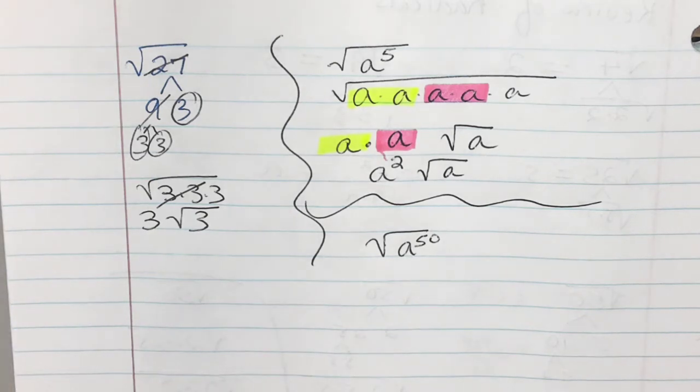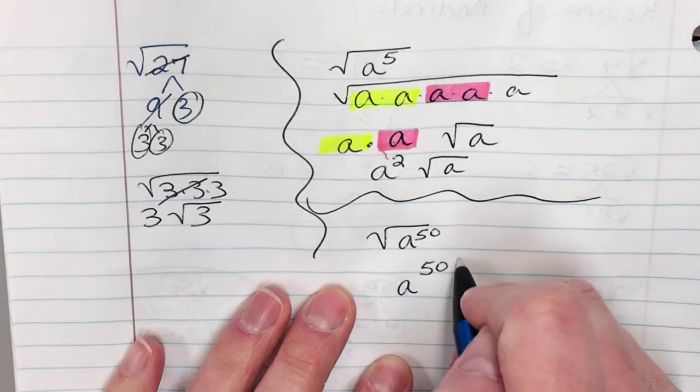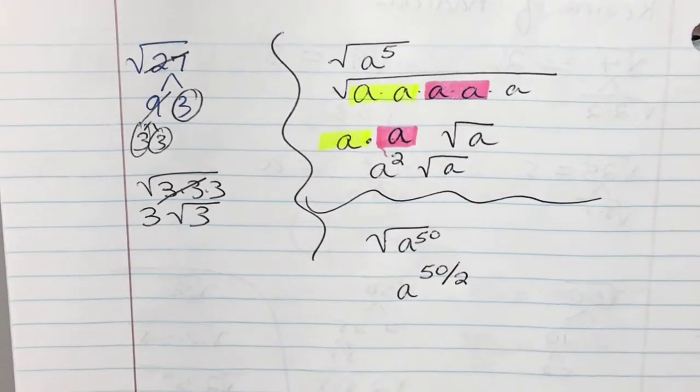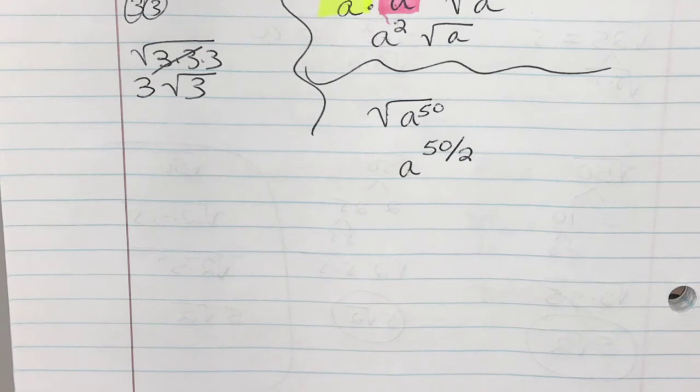Guys, when we're playing with square roots and exponents, what we can do is we can rewrite it, and this is going to be crazy talk right here. A square root is really cutting exponents in half. Crazy talk. Totally cutting them in half.